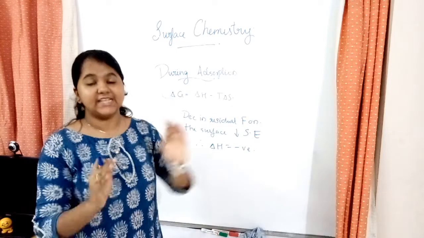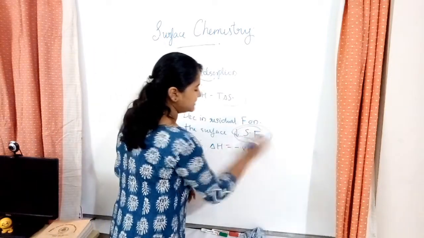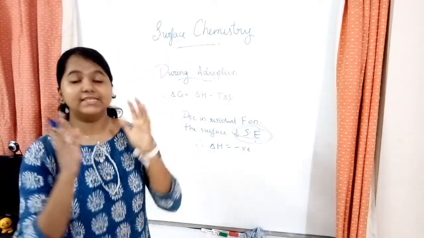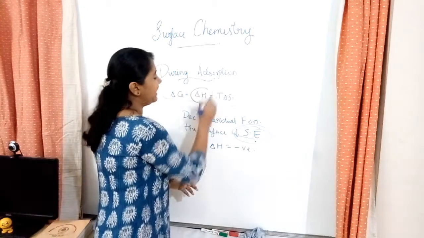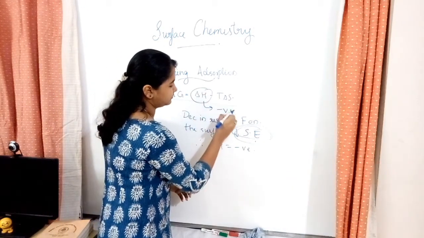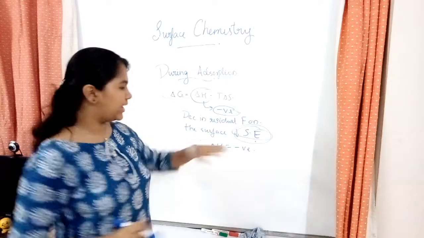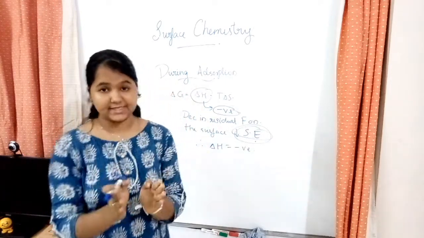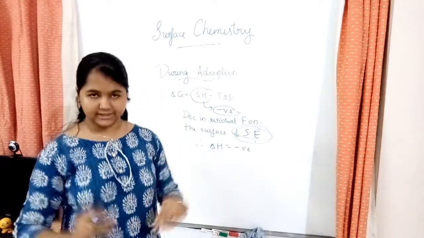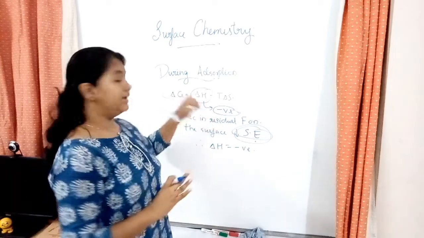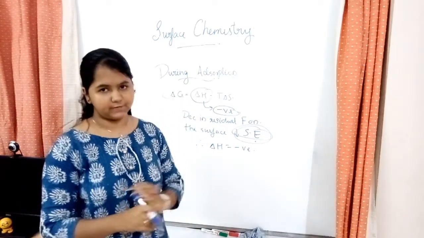There is a decrease in the surface energy, resulting in delta H being negative. Okay? So when the residual charge decreases on the surface, the surface energy decreases, and hence the delta H value would become negative.